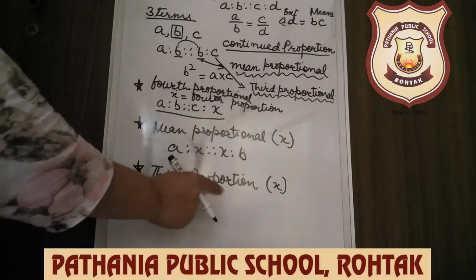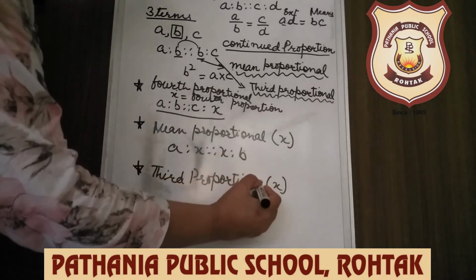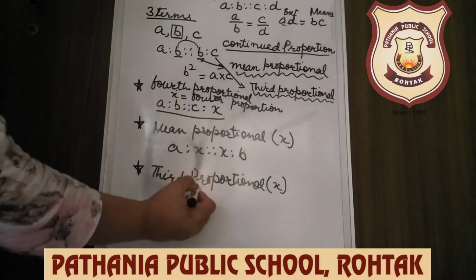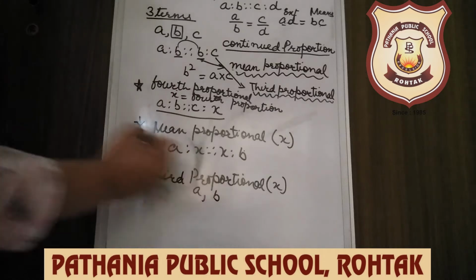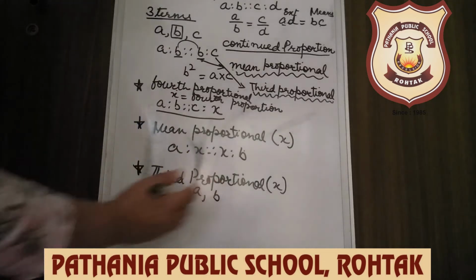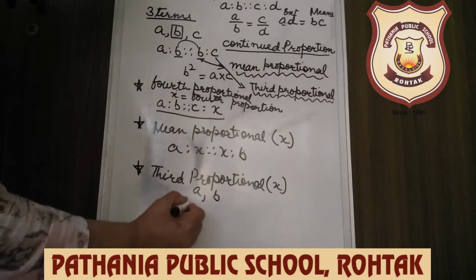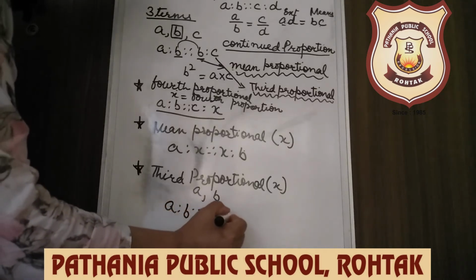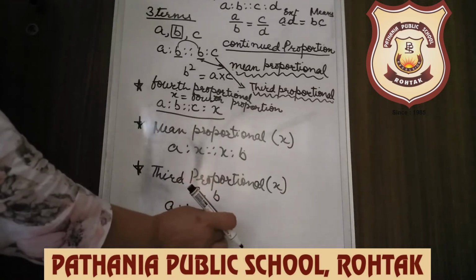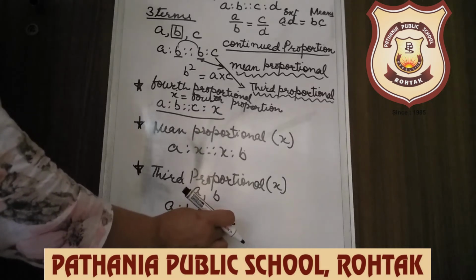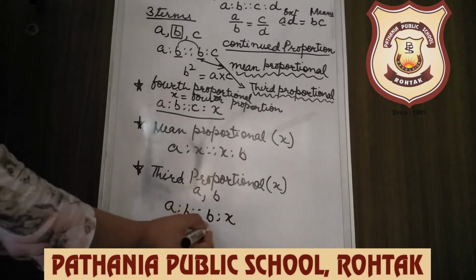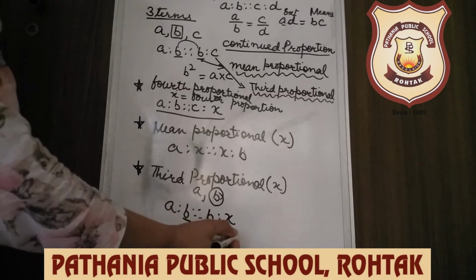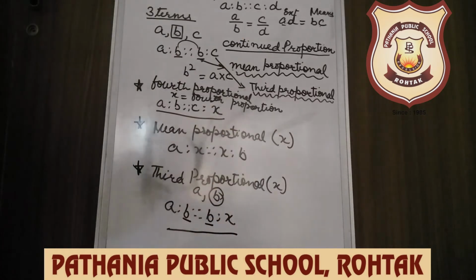When you have to find the third proportional, you will be given only two terms. Then how is the equation going to be? Now don't say this is the fourth term, no, because these are the means, same, this one is to be repeated. So in this manner you are going to calculate your third proportional.